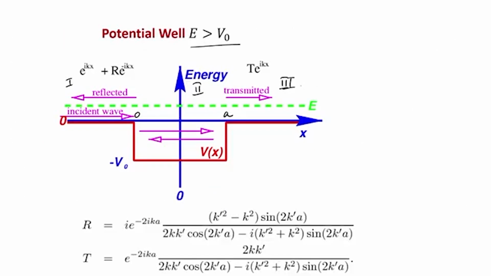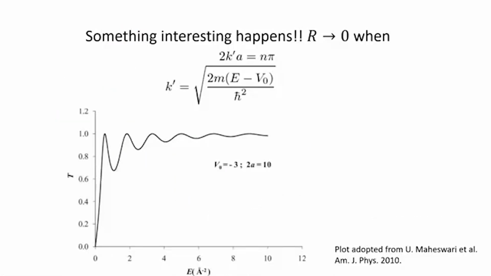So this sin 2k'a that you see here will make the reflection amplitude go to 0, and you see that for those values when 2k'a becomes nπ, with k' equal to this, you have a complete transmission because the reflection goes to 0, and these are the values.